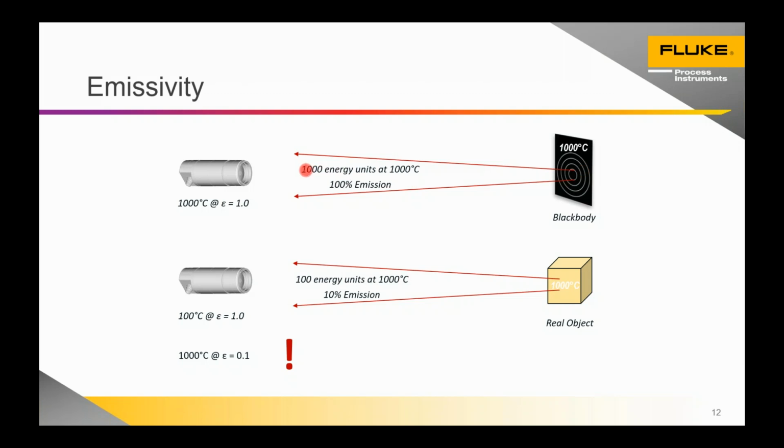For the example, we call it 1,000 energy units, and the sensor would read 1,000. That's in the perfect ideal. A real object is less than that, and in this example, the real object is only emitting 10% of its temperature as infrared compared to a black body.